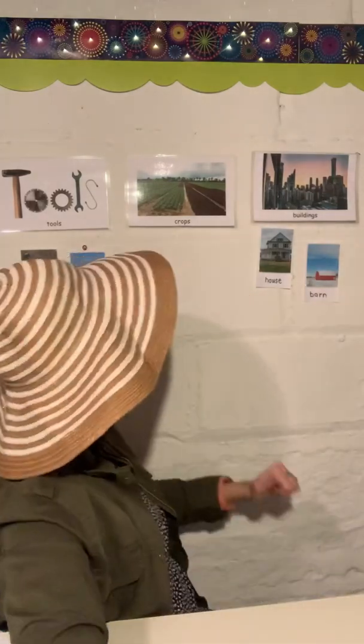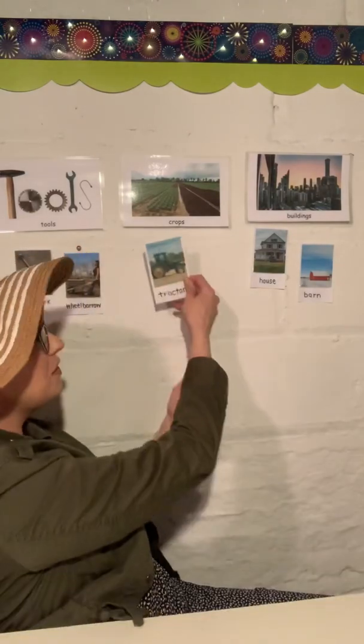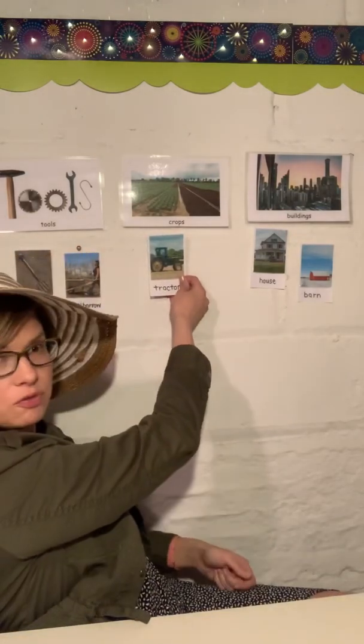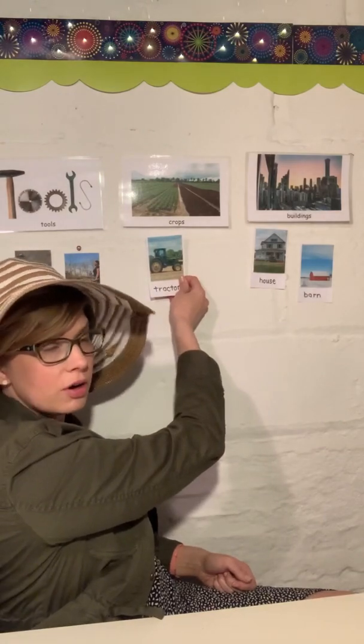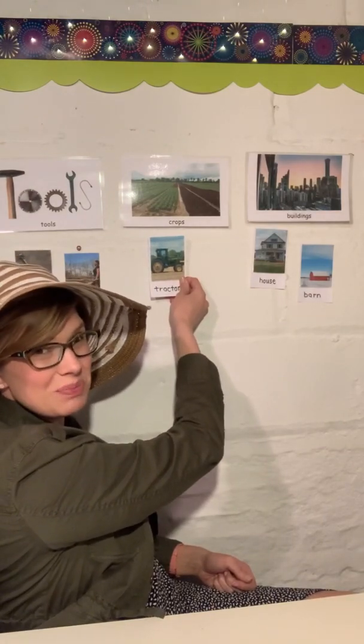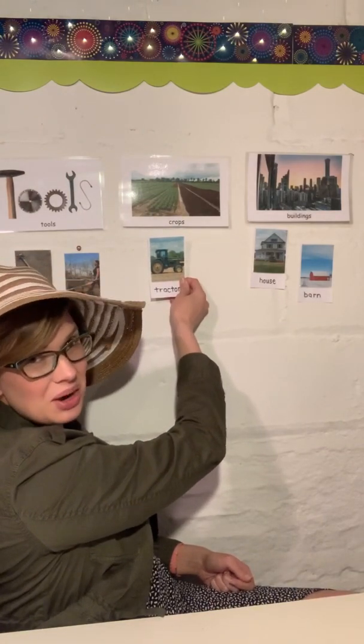Did you hear what the text stated that the tractor was? The text did state that the tractor was used for crops, but is the tractor a crop? A food that is grown, or a plant that is grown for people to eat? No, it's not.